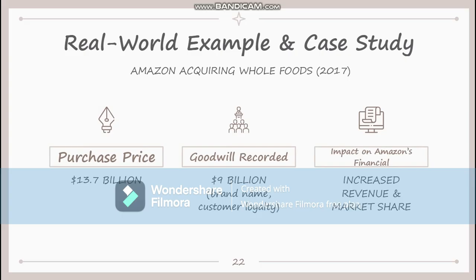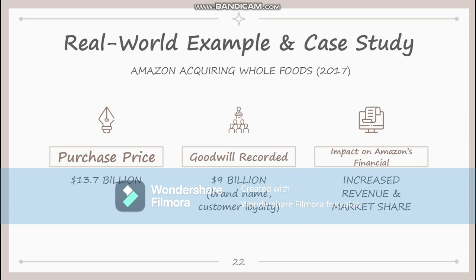The goodwill that was recorded was $9 billion. This goodwill amount includes things like the strong reputation of the Whole Foods brand, the loyalty of its customers, and the potential benefits from combining the operations of both companies.